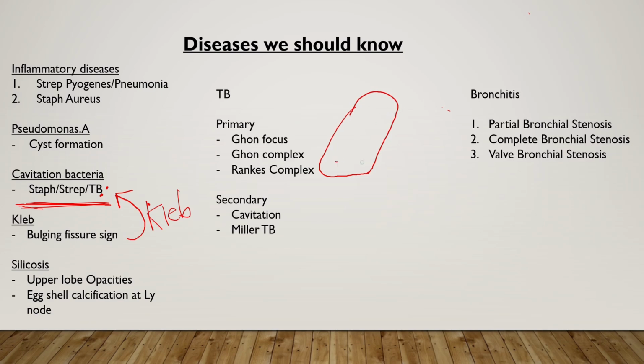It can happen wherever in the lung. Primary TB is usually asymptomatic. You will not find any cavitations here.